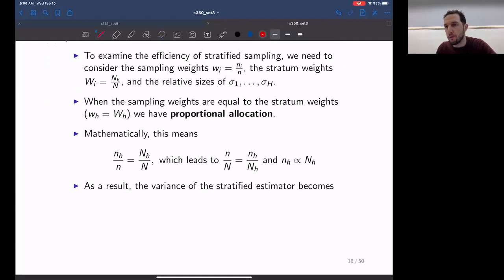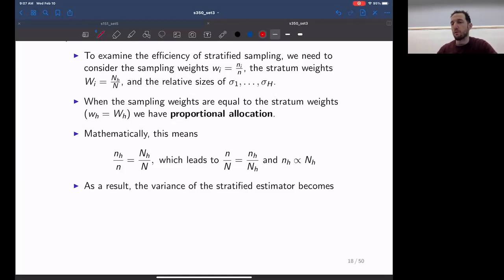So capital W_h, which represents the allocation fraction, if you will, so the amount of the population values that are in each of the strata, we assume that the sample is divided in the same way. So the proportion of observations from the sample that belong to strata 1 is equivalent to the proportion of observations from the population that belong to strata 1, etc.